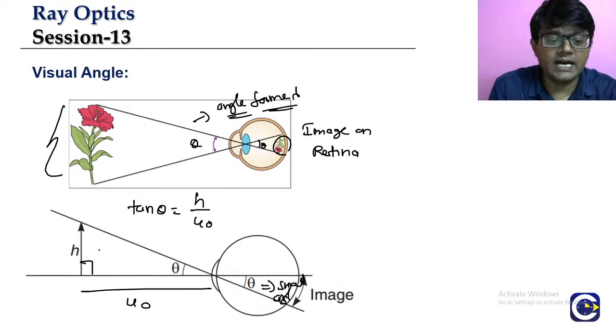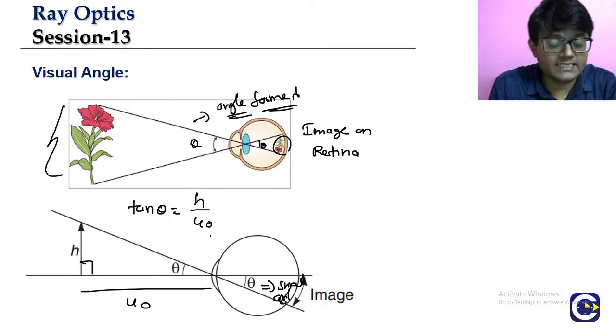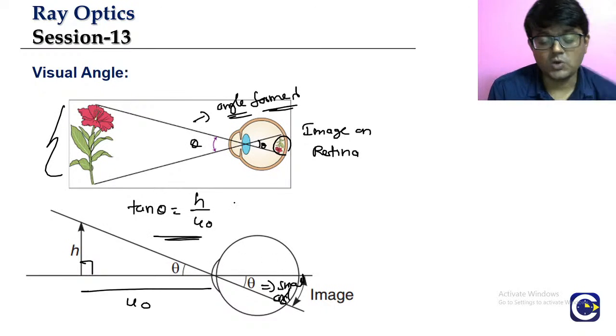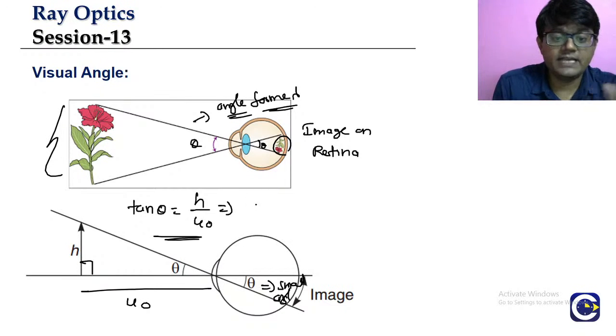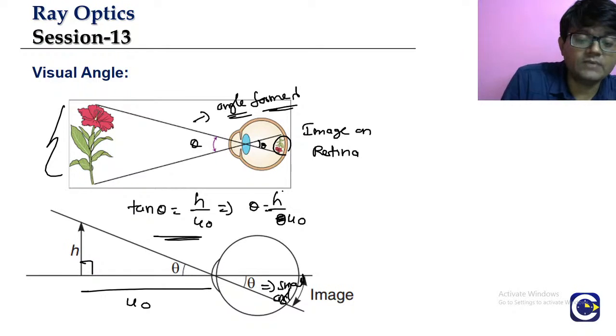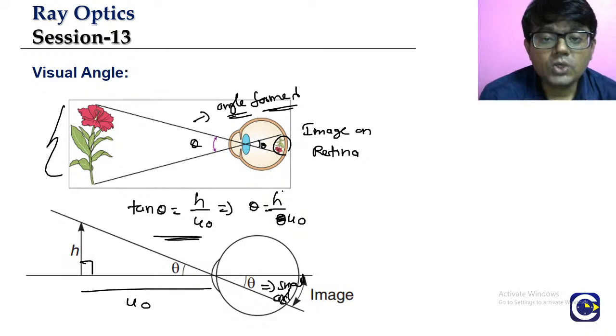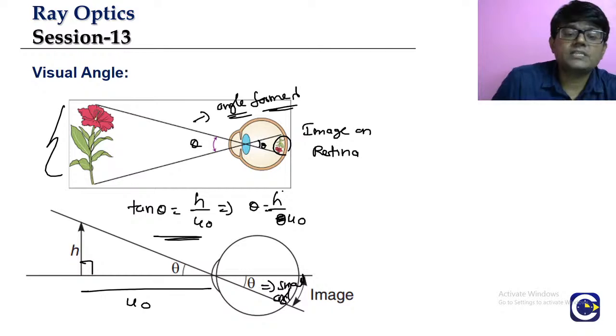So under that assumption, if theta is small, then tan theta will be approximately equal to theta. But we should keep in mind this theta must be in radians. So the angle subtended here, theta, will be equal to H by UO. What is UO? The distance where we are actually keeping the object.